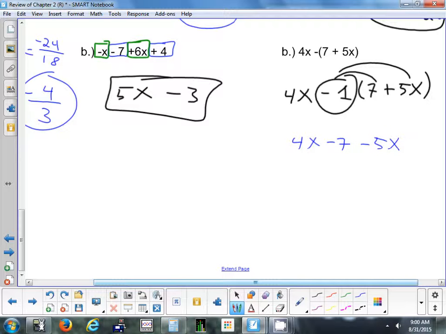Okay, good. Well, are we all set? Everyone like that answer? No. No? All right, can someone else tell me why Sam doesn't like it? Justin, why is Sam unhappy with that? You're okay with it. You can combine the 4x and the 5x. Yeah, we got some like terms. 4x, take away 5x.